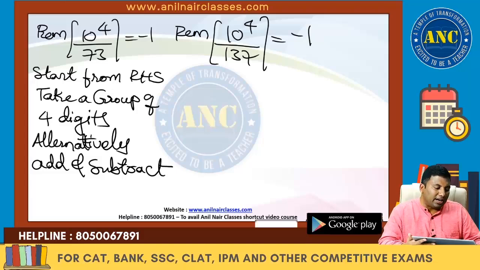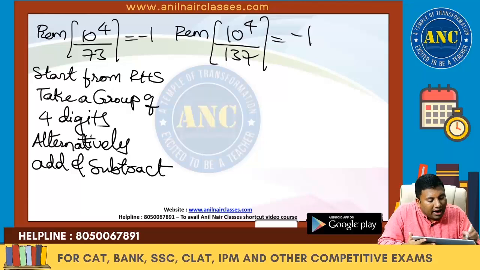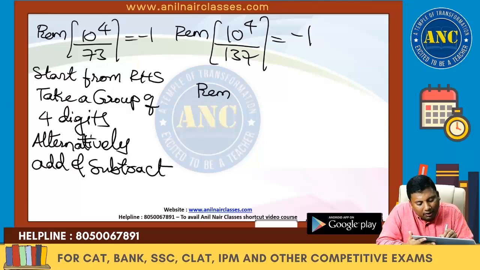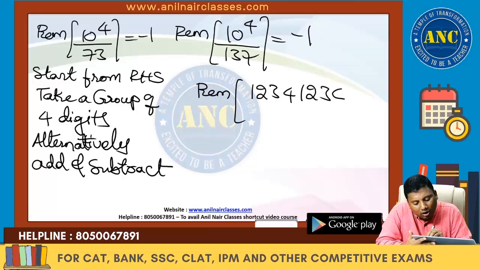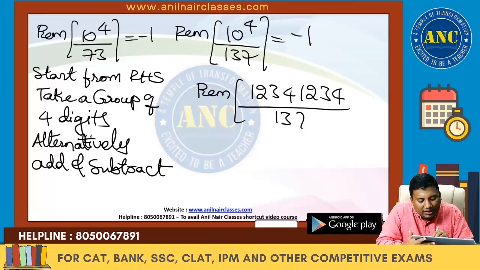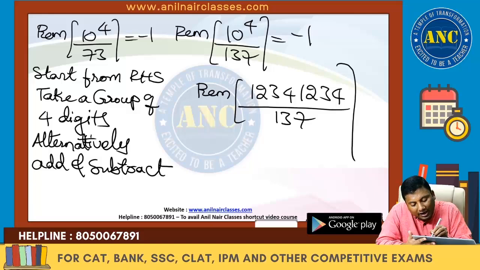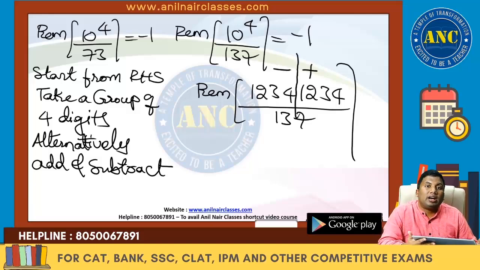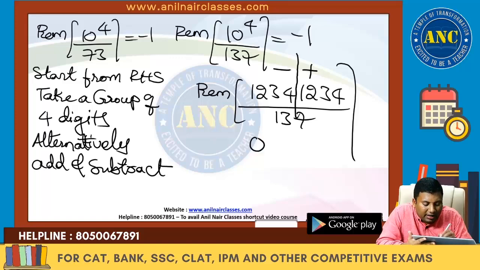Start from the right-hand side, take a group of 4 digits, alternately add and subtract. For example, 1, 2, 3, 4, 1, 2, 3, 4 divided by 137. Start from the right-hand side, take a group of 4 digits, alternately add and subtract: 1234 minus 1234 is 0.